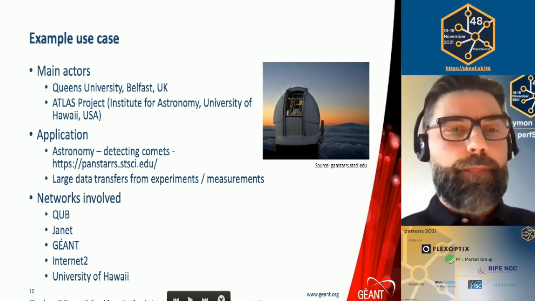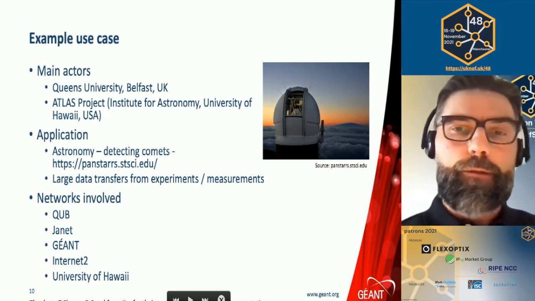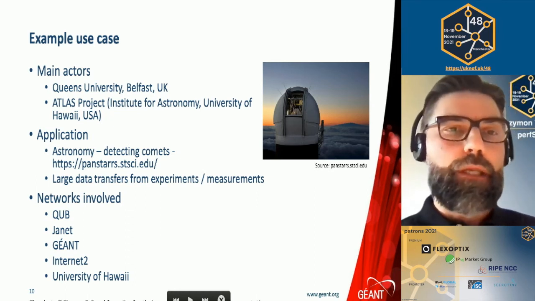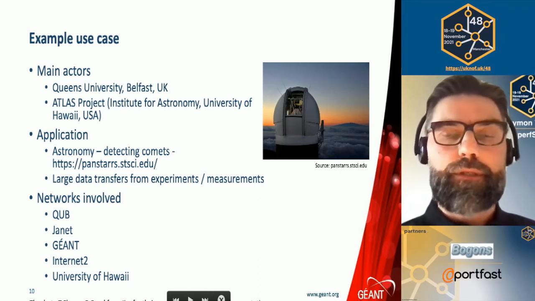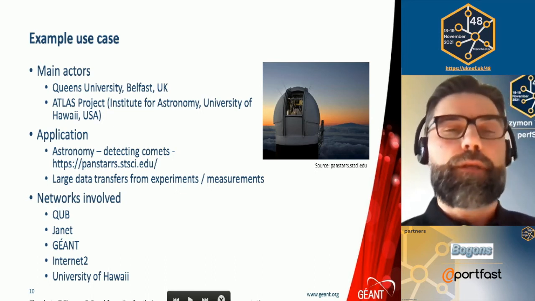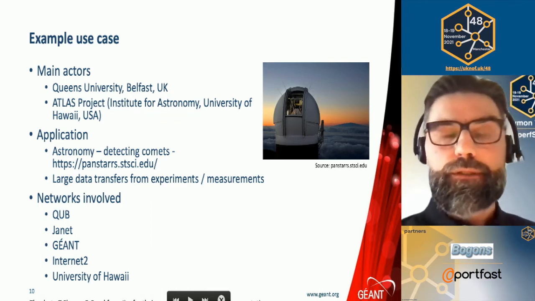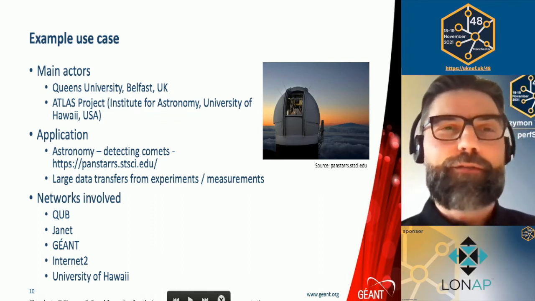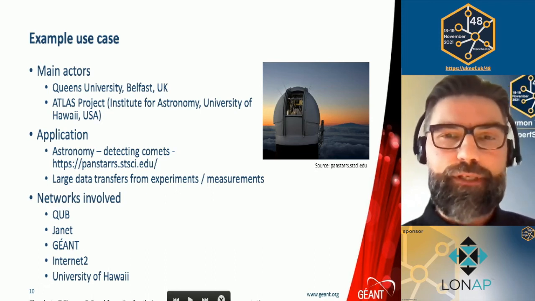And there are astronomers there. They use a telescope which is located in Hawaii on one of the islands. There is a telescope on top of the mountain. What they do is they are trying to detect near-Earth objects, so protecting the Earth from something falling down from the sky.